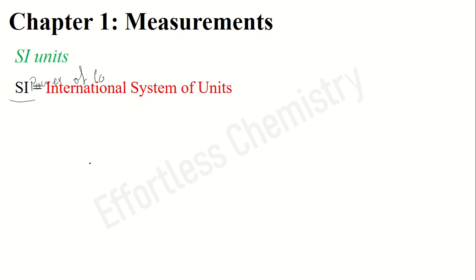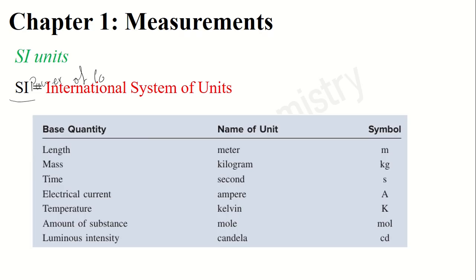The following table shows the 7 SI base units. All other units of measurement can be derived from these base units. We have 7 base units with such a symbol, and the other measurements can be derived from them.